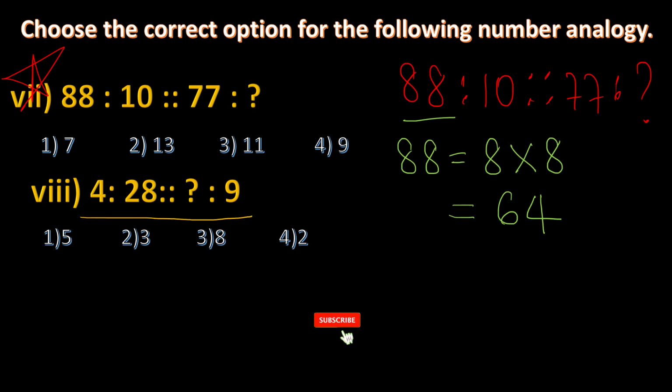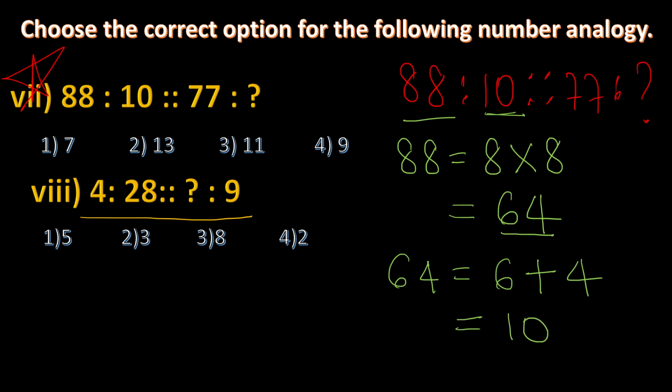Now, how we will get 10? Now, 64 is there. Then what they have done? 64 they have added. 6 plus 4 they have done. Means addition between the numbers they have done, which will give you 10 as the answer.